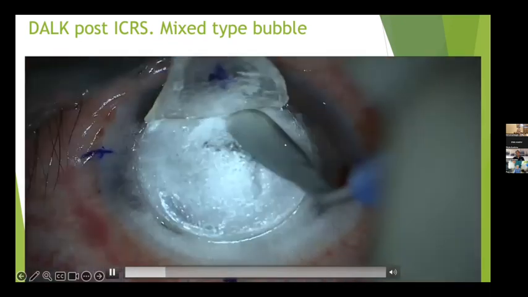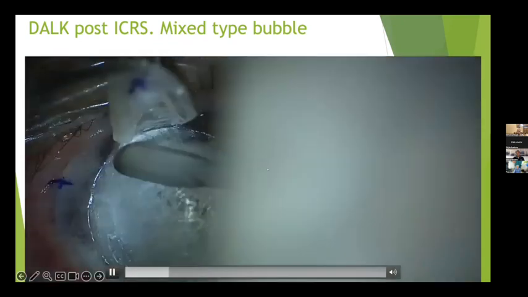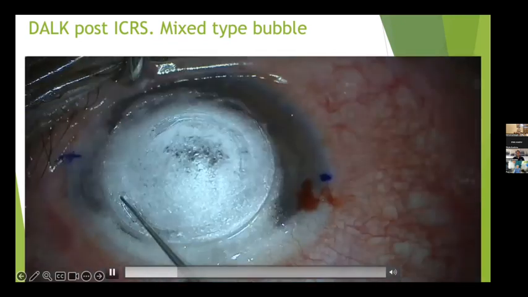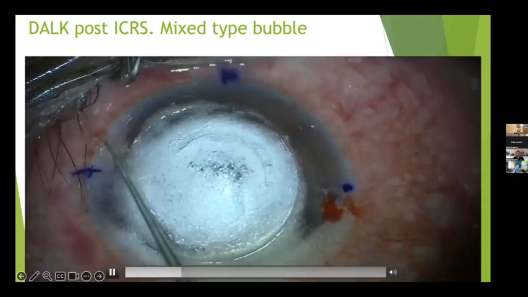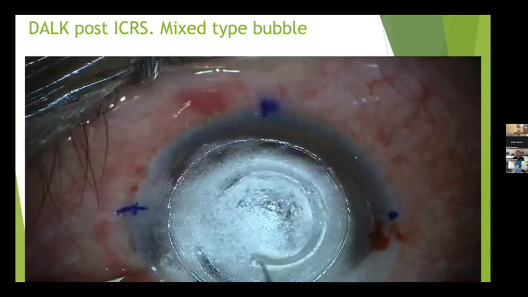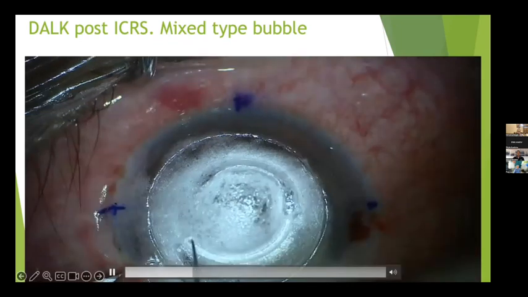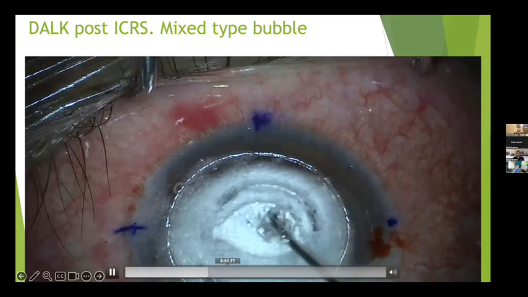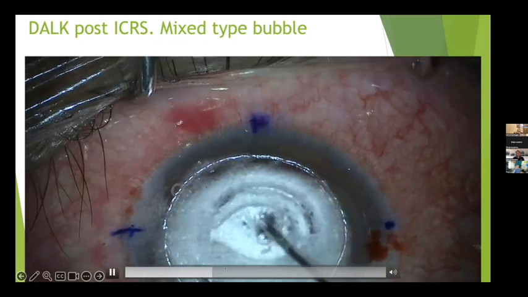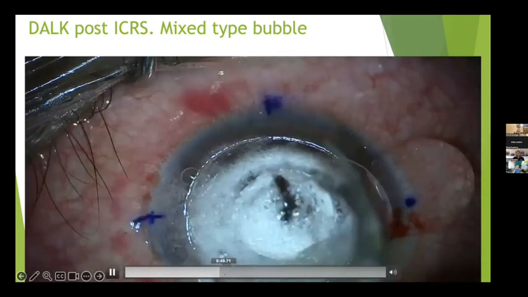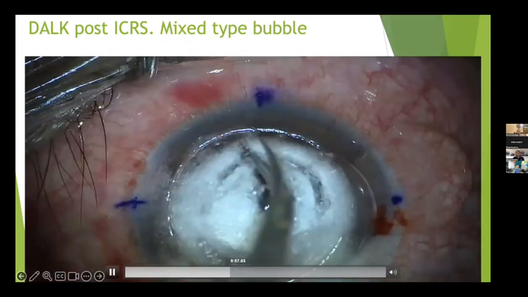This case had previous intracorneal ring segments implanted. So we're going to explant those now as part of the lamellar separation and removal of the stromal lamellae. Again, injecting viscoelastic in this potential space, and then the rest of the steps will follow as the previous one.